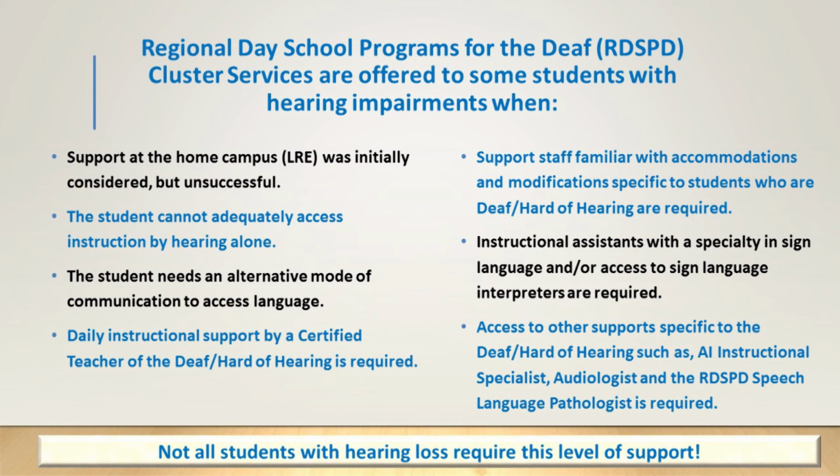This decision is made in collaboration between the 2 districts. Special considerations establish eligibility for this level of support, whether enrolled as an NEISD student or from one of the shared services districts. Questions that will be discussed during the decision-making process include: how is support at the home campus initially considered and then deemed unsuccessful?